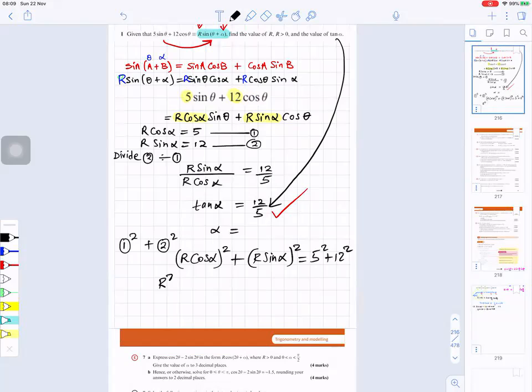That gives you r squared. You factorize: r squared bracket cos squared alpha plus sine squared alpha equals 5 squared plus 12 squared. Sine squared plus cos squared will give you 1.